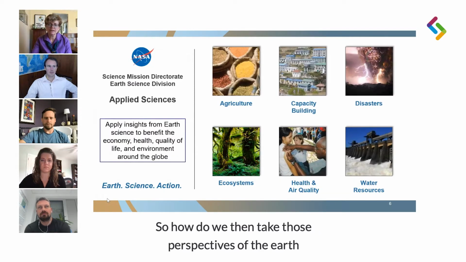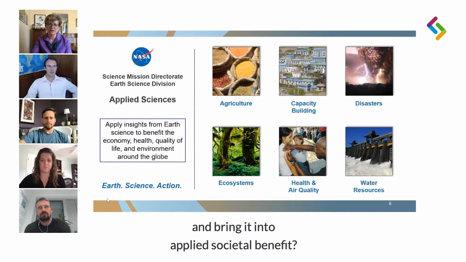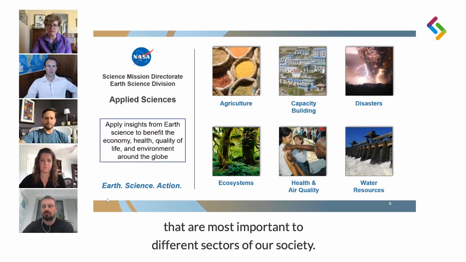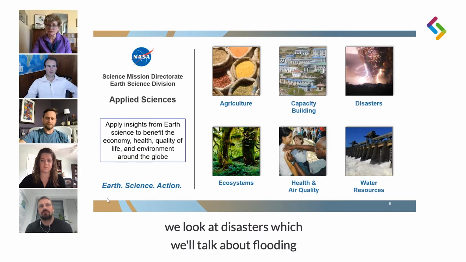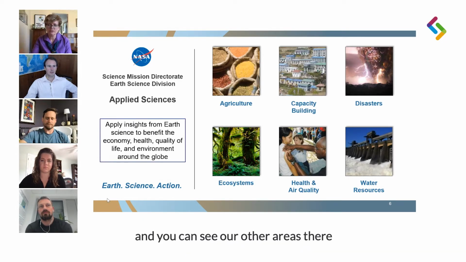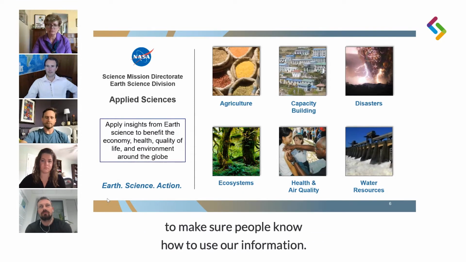So how do we then take those perspectives of the Earth and bring it into applied societal benefit? We organize ourselves around the thematic areas that are most important to different sectors of our society. For example, we look at agriculture. We look at disasters, which we'll talk about flooding. And you can see our other areas there, including capacity building, to make sure people know how to use our information.